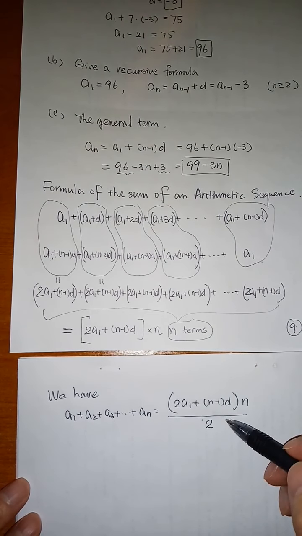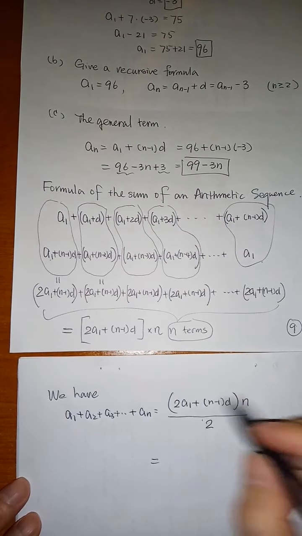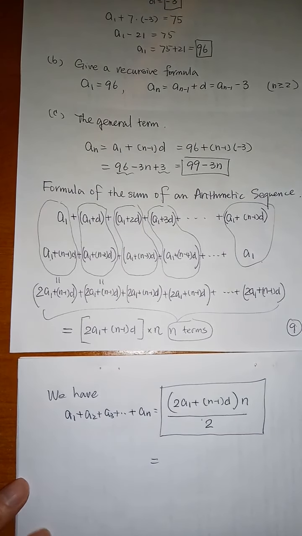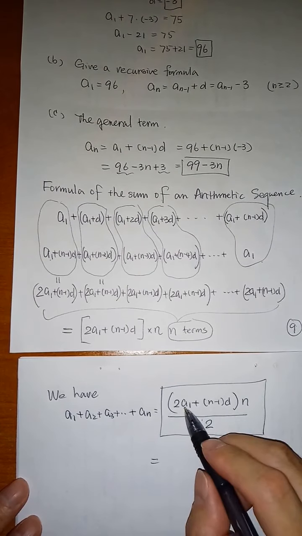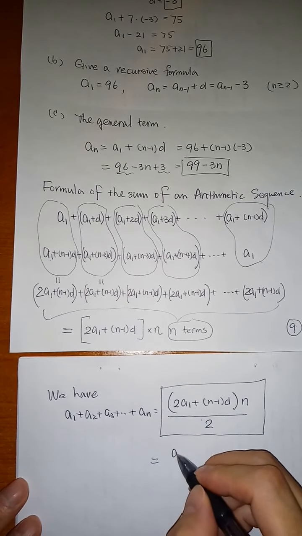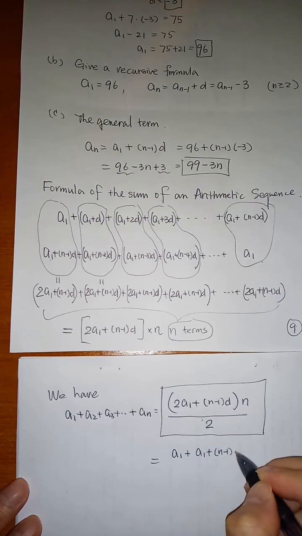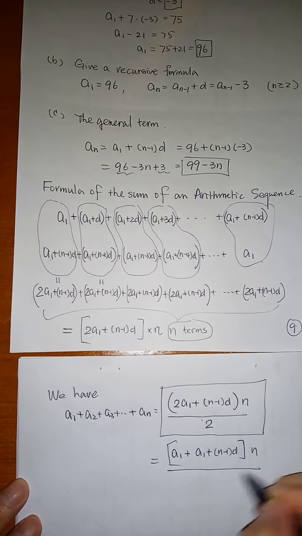We actually have another form. How do we get another form? This is 2a1. First of all, this is one formula. You can use it. And another representation for the same formula is the following. 2a1, we write like a1 plus a1 and plus (n minus 1)d, divided by 2.